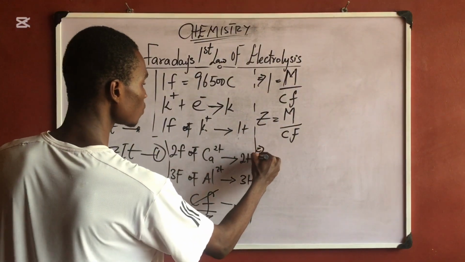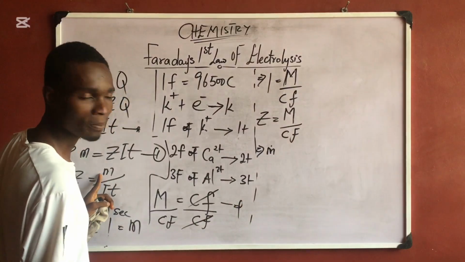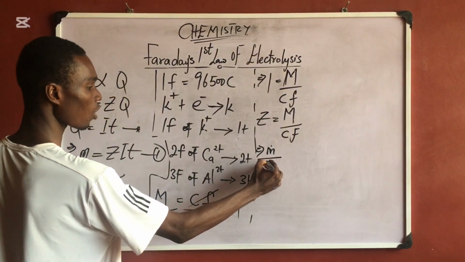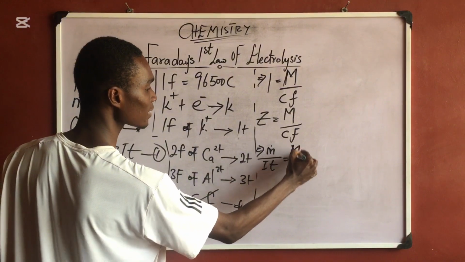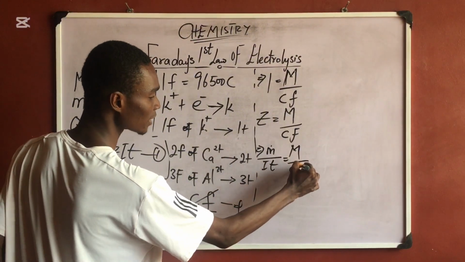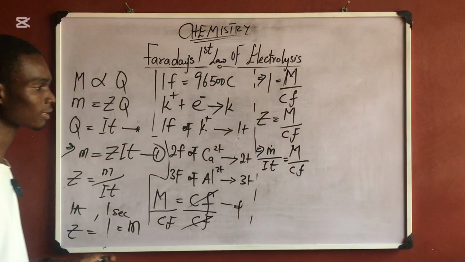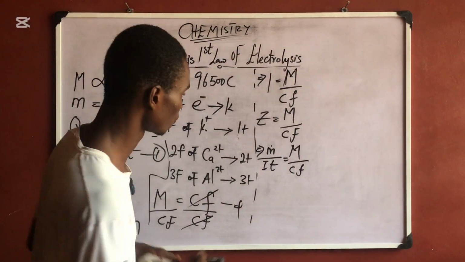Equating both of them, this will imply that mass of the substance over current times time will be equal to the molar mass over valence charge times Faraday constant.